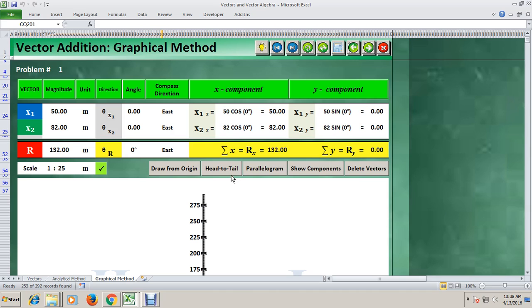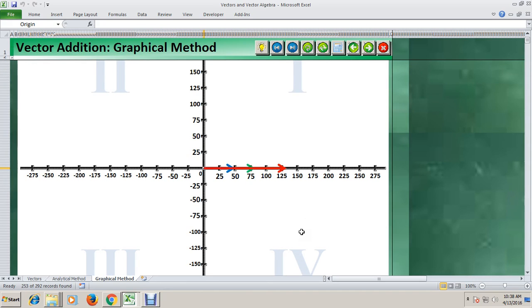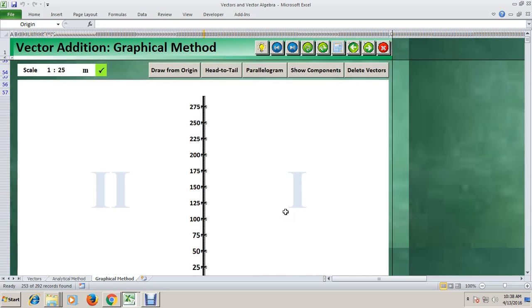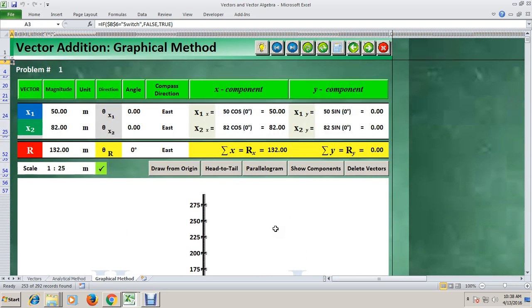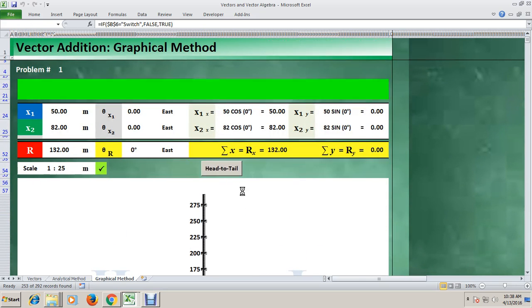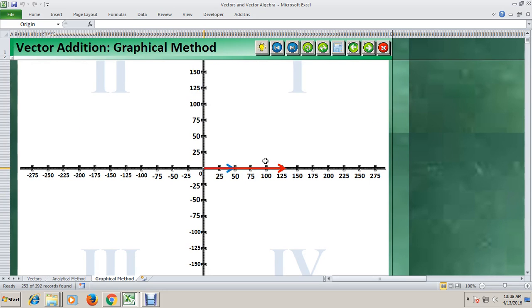If we draw the two vectors head to tail, let us first delete the two vectors. Let us draw this head to tail. Try to notice that the green vector is somewhat missing, but it is actually underneath the red vector, because the green vector is drawn from the tip of the first vector, the blue vector, ending at this end.